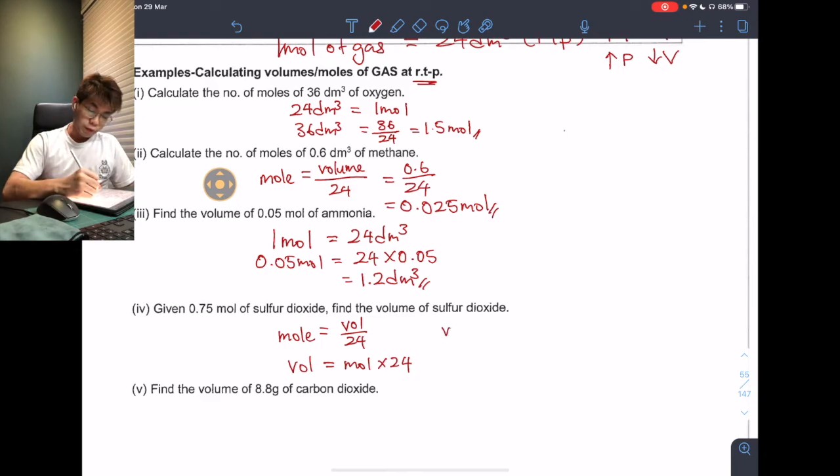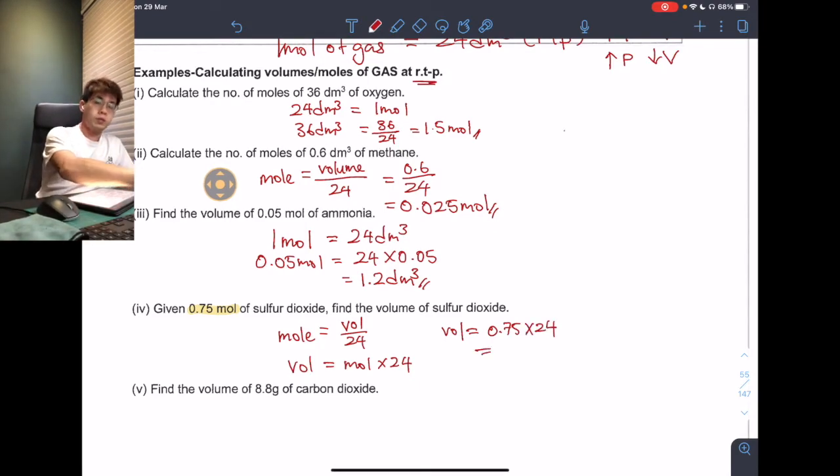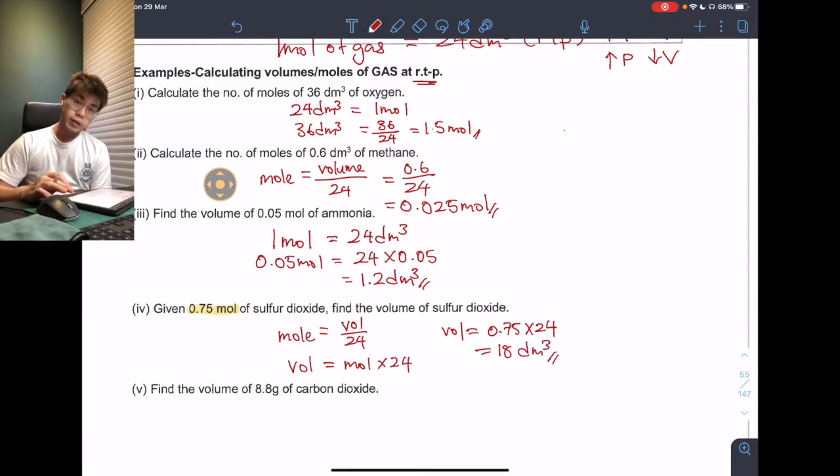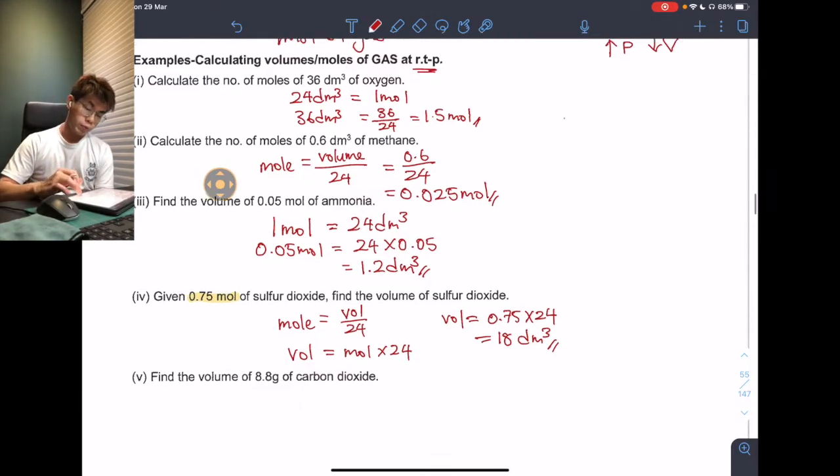I have the number of moles given over here. Moles is 0.75. The magical number at room temperature and pressure is times 24. Put that into the calculator, and that's 18. Unit will be dm cube. Okay, so these are the simple basic questions that we can do. I hope you have been following and copying it down.